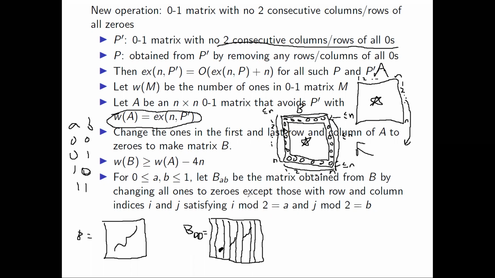The exceptions to the ones that we turn 0 are the columns with row and column indices satisfying i mod 2 equals a and j mod 2 equals b. So when we're doing B00, these are the even column and row indices. So we take the even columns and we take the even rows.